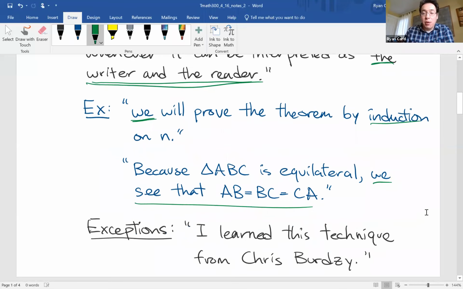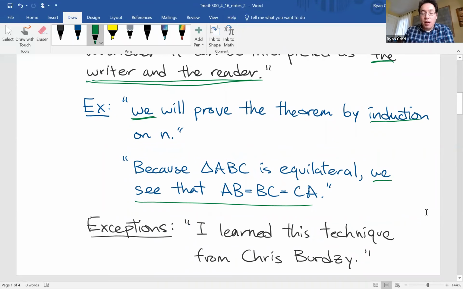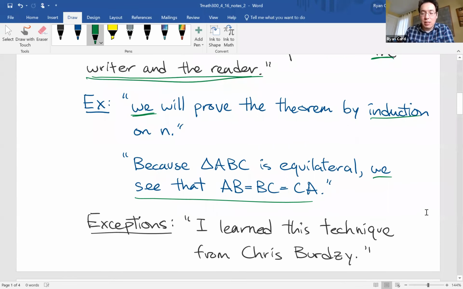Okay, so sometimes there are exceptions to this. If you want to talk about yourself as a singular person, and you don't want to include the reader or any mathematicians who came before you, then you could use I. An example of something that I've read is the phrase, I learned this technique from Chris Birdie.